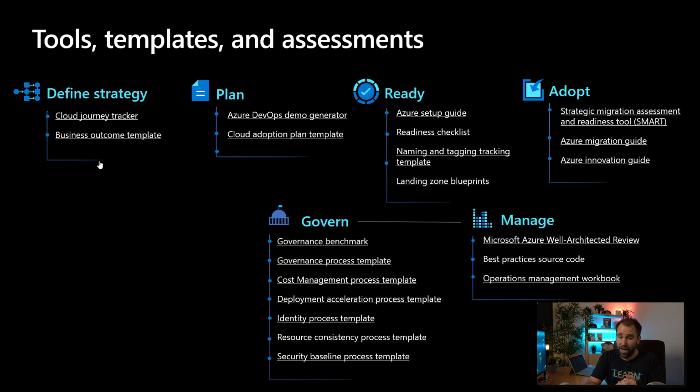And again, Dominik will talk a lot more about that. We also have things for the operations part, like governance and management. One of the tools I really like is the governance benchmark, which checks how far along you are with your governance strategy and implementation to find out where you have gaps and what you need to do.